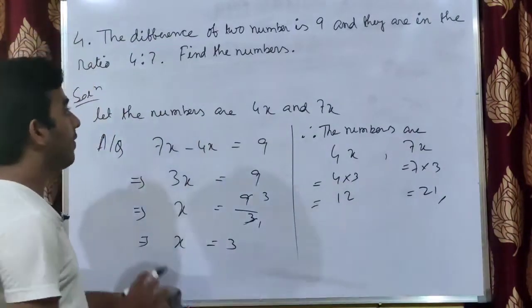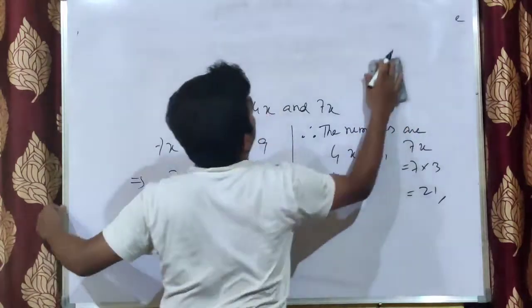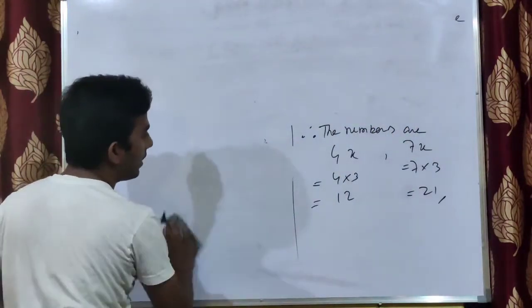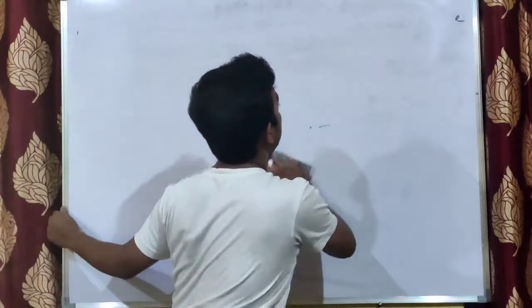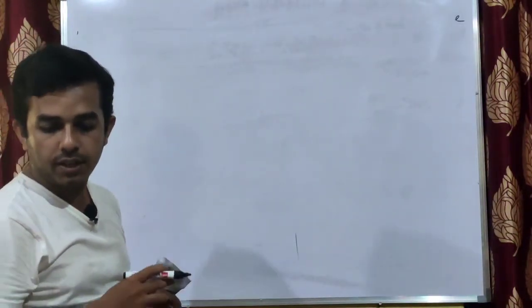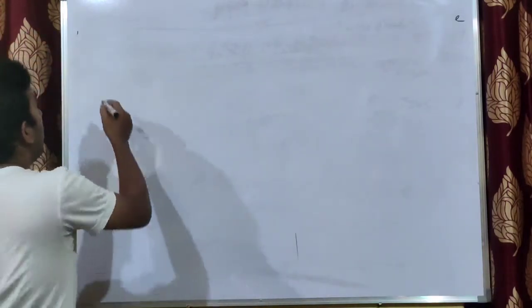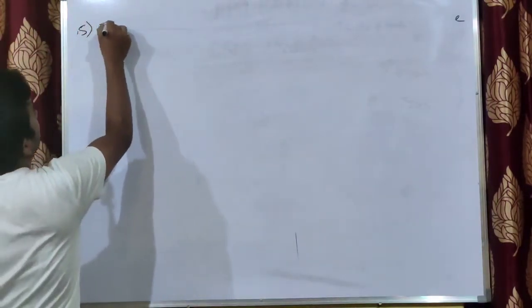Okay, now question number 5. So what is given in the question? Question number 5. The sum of 1/3 and 1/4 and half of a number is 169. Okay, let me first write the question.